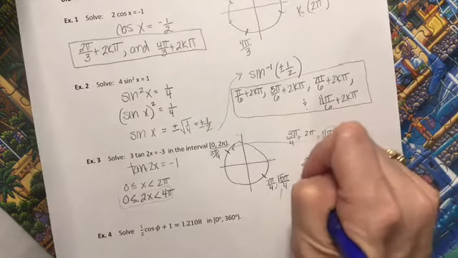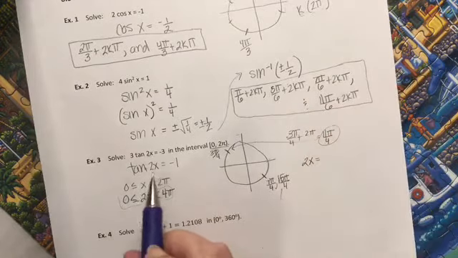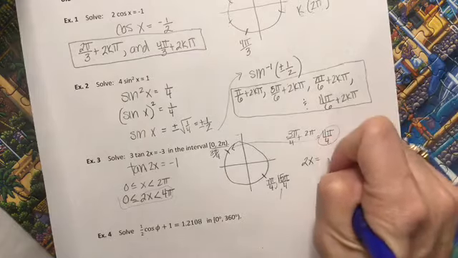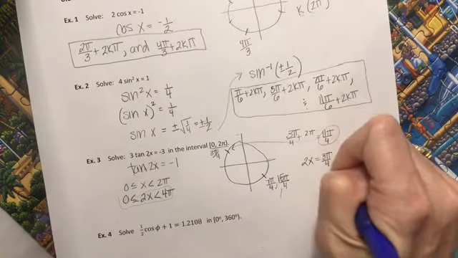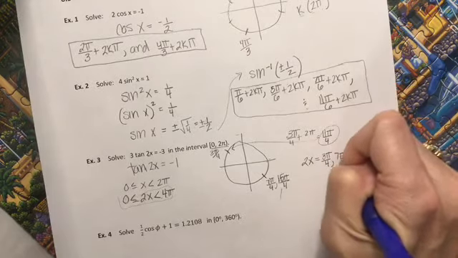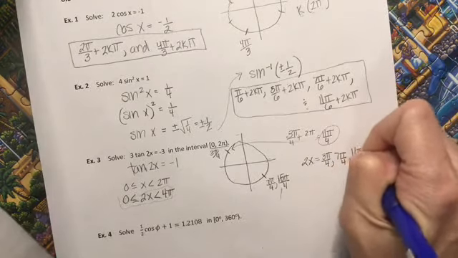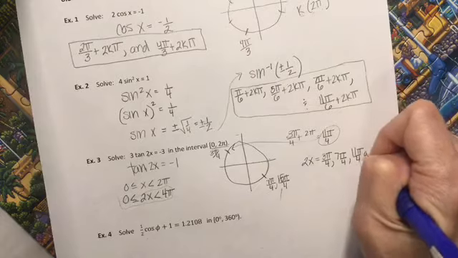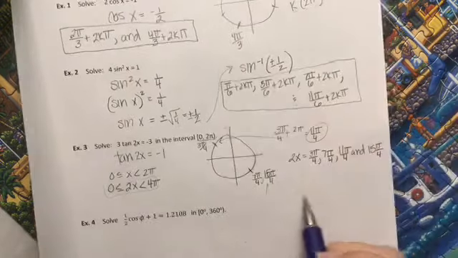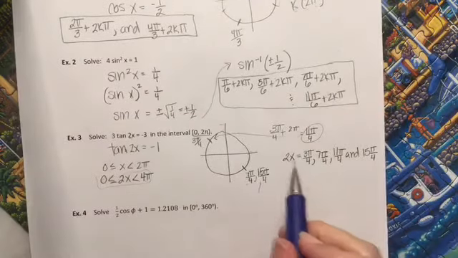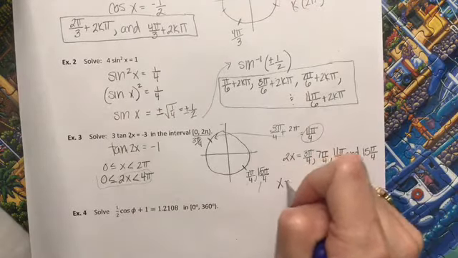So 2x is going to be, if I do it in order, 3 pi over 4, 7 pi over 4, 11 pi over 4, and 15 pi over 4. All right, but we want to know what x is.